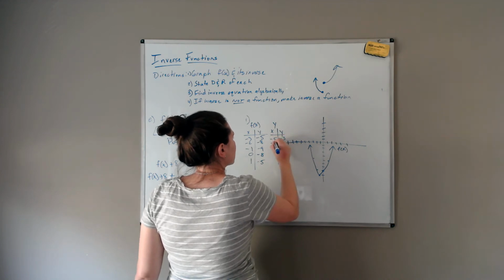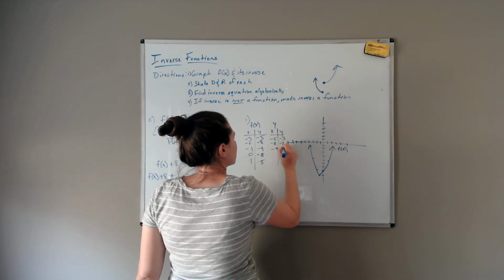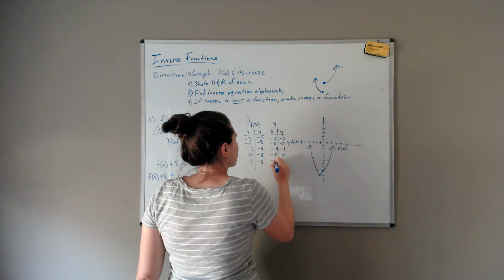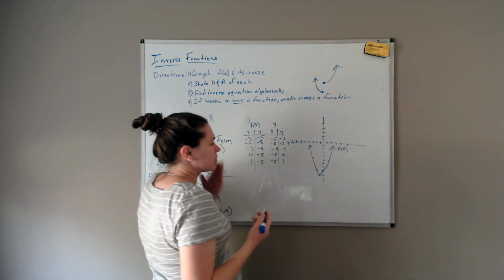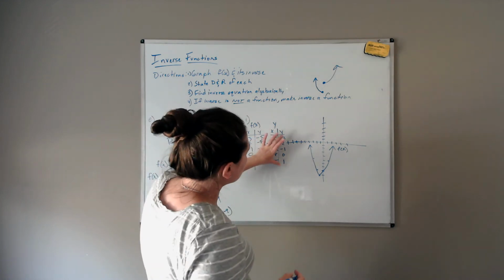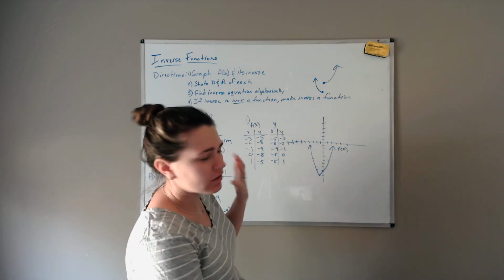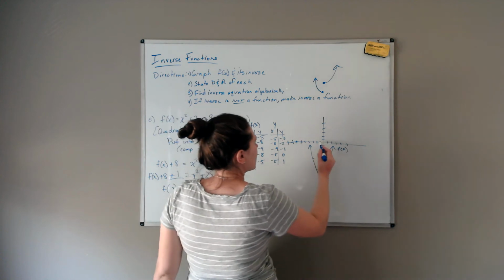-5, -3, -8, -2, -9, -1, -8, 0, -5, 1. Look, 2 different inputs are giving you different outputs. That means one input giving you 2 different outputs. You're failing the vertical line test, okay?